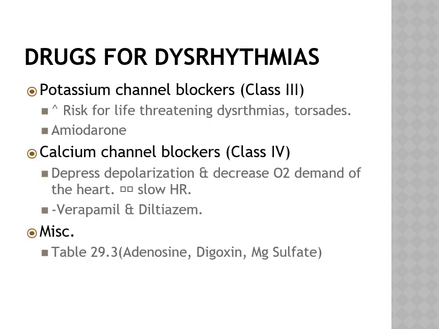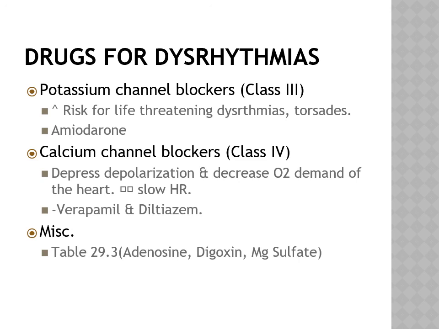The next class would be class 3, or potassium channel blockers. Amiodarone is probably one of the most common dysrhythmia medications, and these medications generally increase the risk for life-threatening dysrhythmias such as torsades.